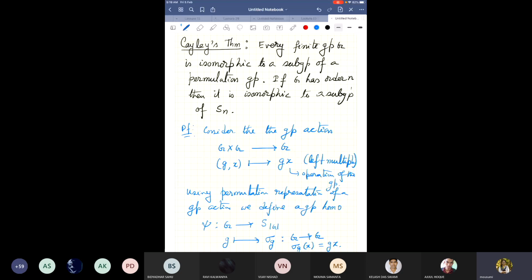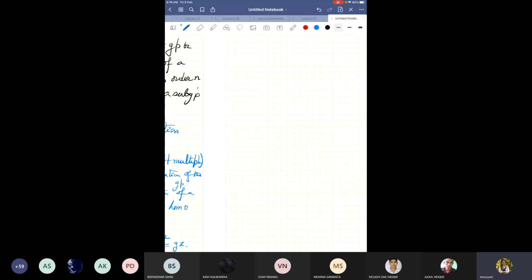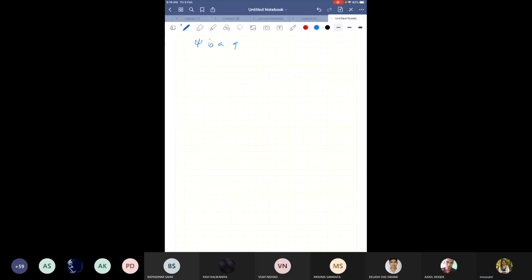This psi is a group homomorphism. This is true for any general group or any general set. Nothing too special about this particular group action. So psi is a group homomorphism.